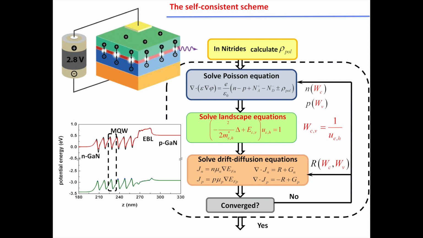If not, we do those loops several times. Typically it's 10 to 15 times, if I remember well, to get something stable, in which we have, for a given applied voltage, the correct current and a stable solution for the charges in the system. It seems complicated, but that's the only way to compute this.